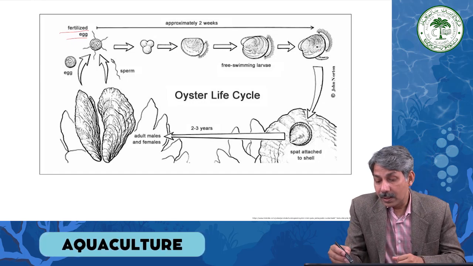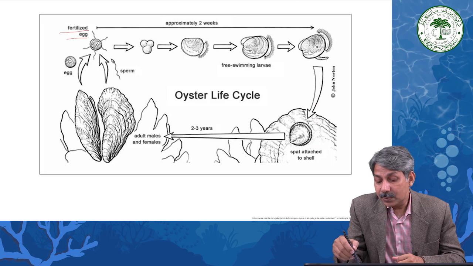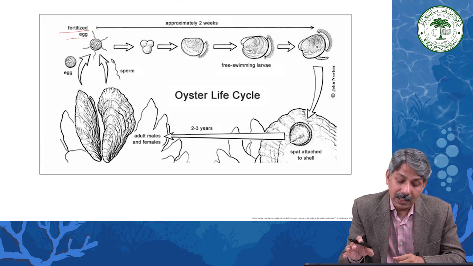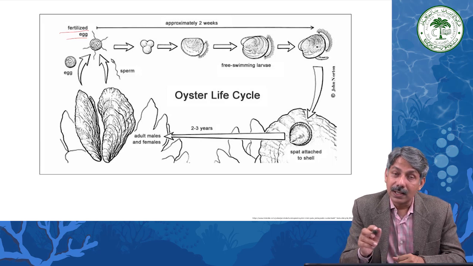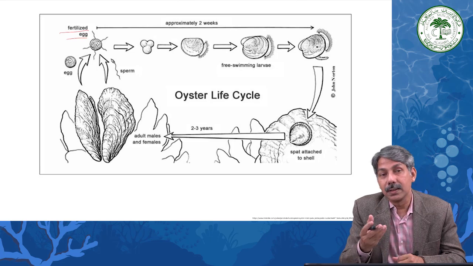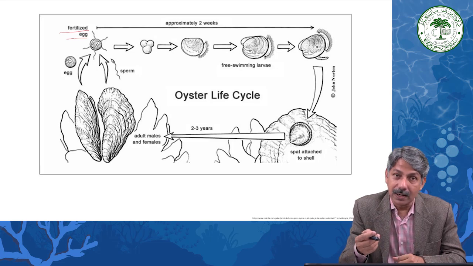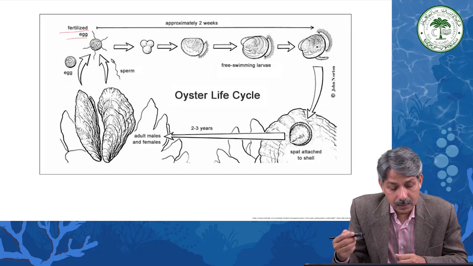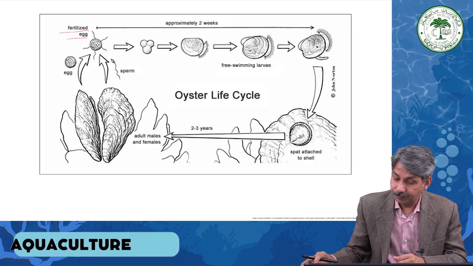Now after this, spat attached to shell. After that, they need some hard substratum to attach upon, and then when they attach, then after 2 to 3 years they develop into either male or female adults. So that is the life cycle of Pinctada fucata.